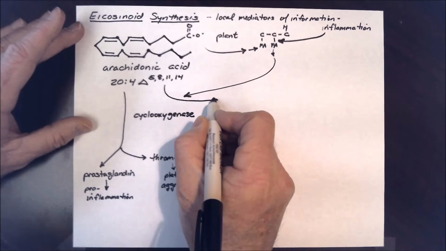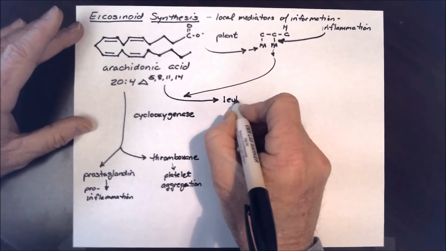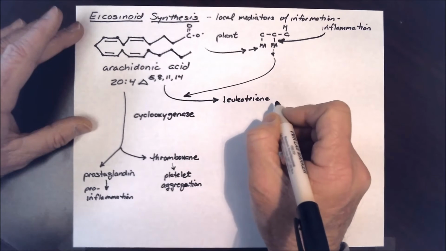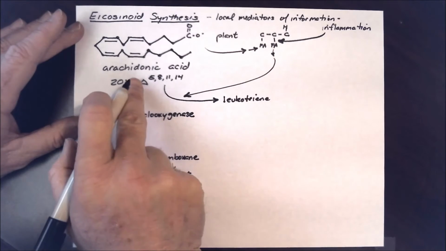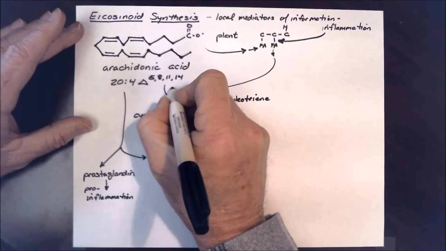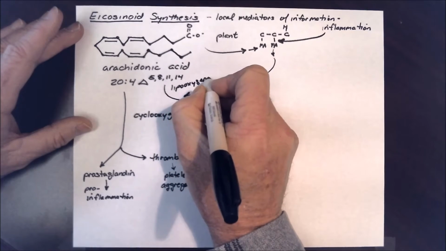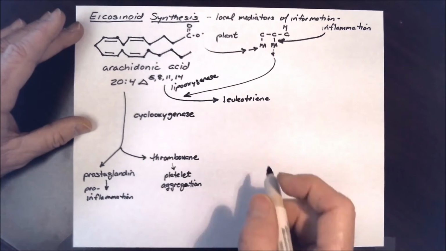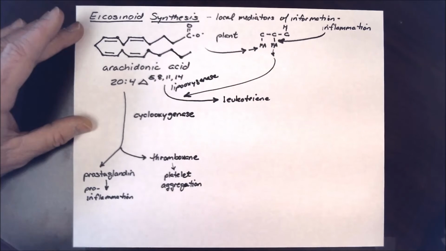We won't address this one, but just for completion, this one is producing another small molecule called leukotrienes. And leukotrienes are processed using arachidonic acid by the enzyme lipoxygenase. So it's a different enzyme taking the arachidonic into a different pathway. Again, it's going to stimulate leukocytes, so it's again part of the inflammation reaction.